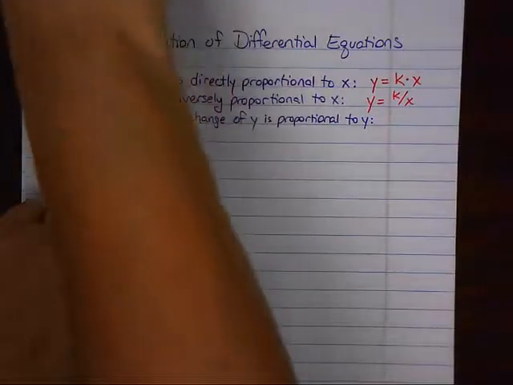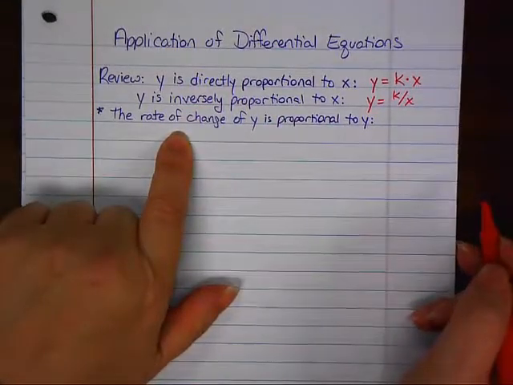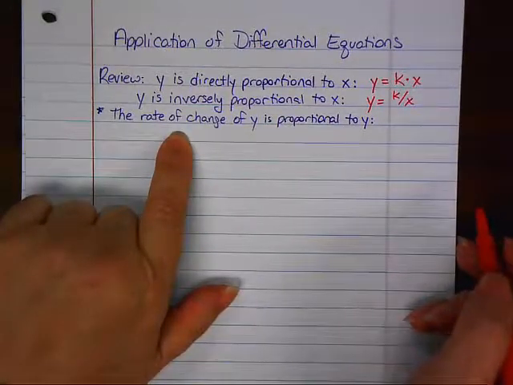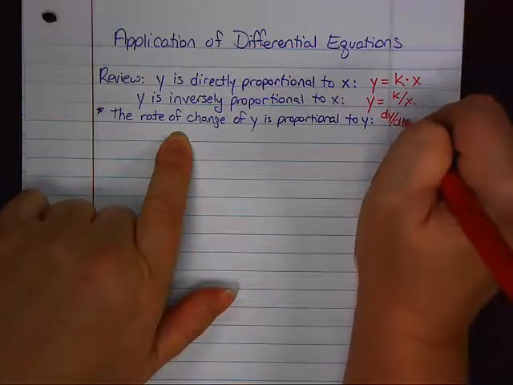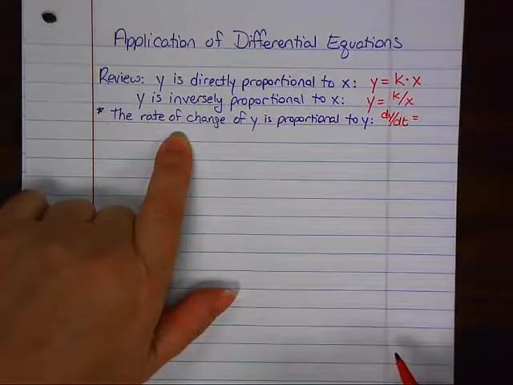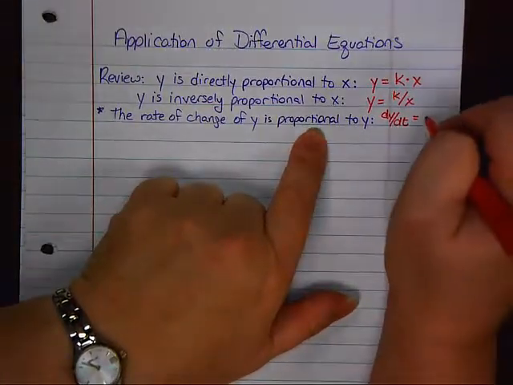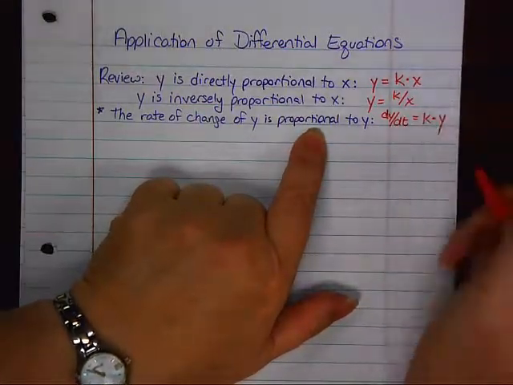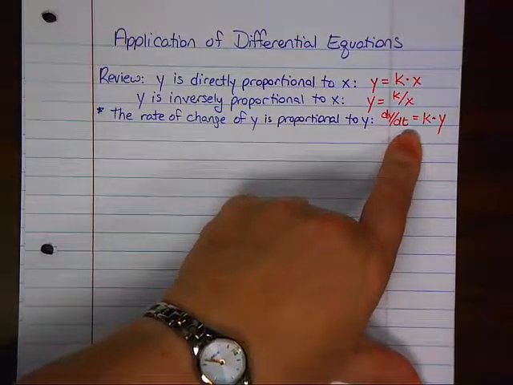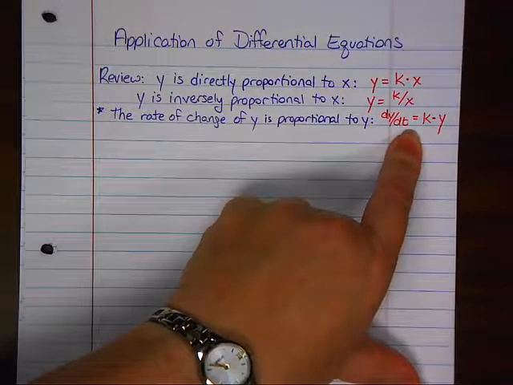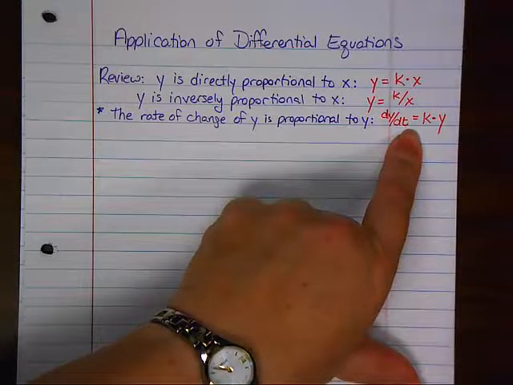So, how do you write the rate of change of y with respect to time? How do you write that? dy over dt, exactly, equals. Directly proportional is k times y. Okay? Now, look at that. Right there that I just wrote down. That right there is a differential equation.